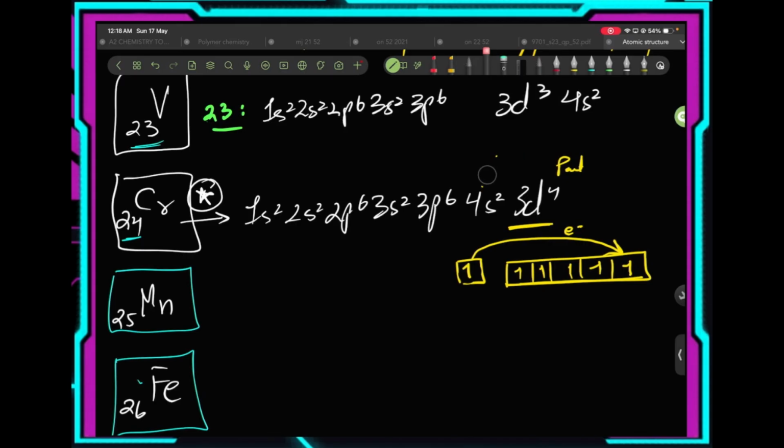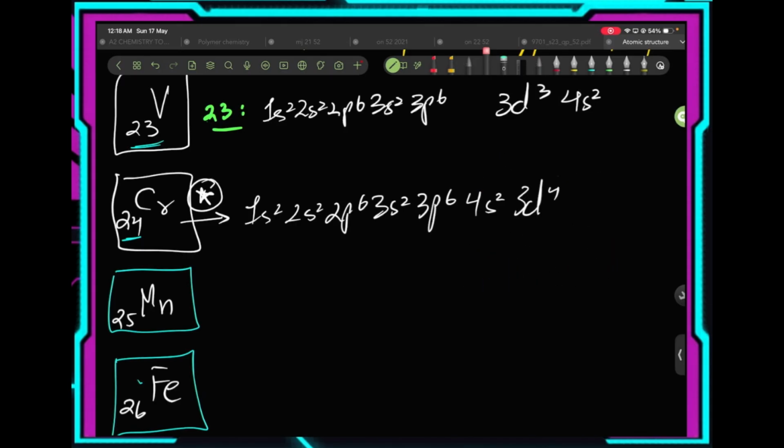So before even switching the places, you'll excite one electron from the 4s orbital into the 3d orbital. Okay, so what's the next electronic configuration? So this was wrong. You have to excite one electron, because by the excitation of this one single electron, you end up with a more stable electronic configuration. That's why you're doing this.